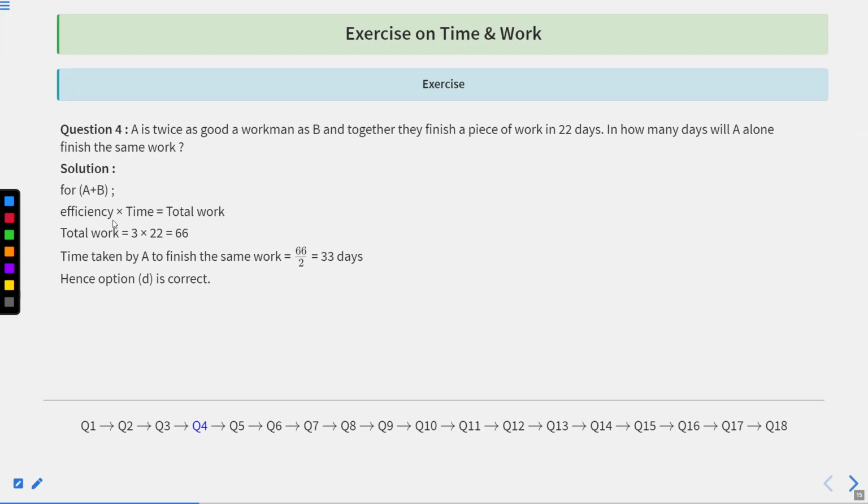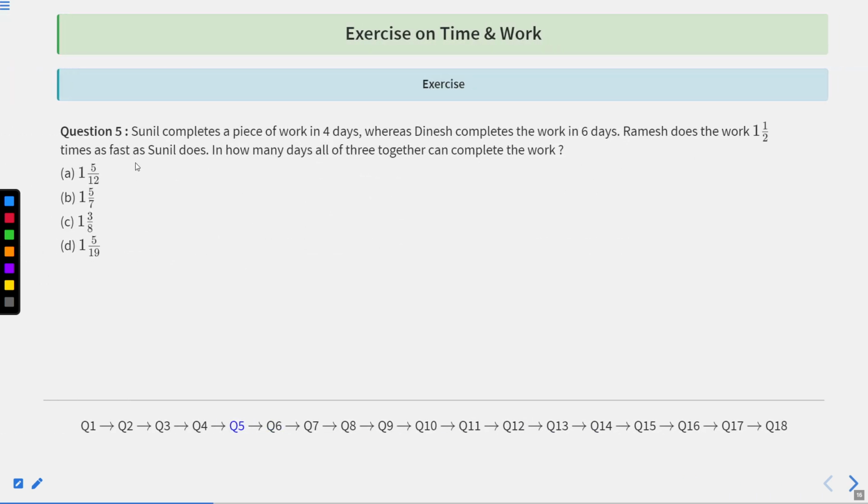So for A plus B, efficiency into time is equal to total work. Therefore, the total work will be thrice of 22, that is 66 units. So the total time taken by A to finish the same work will be 66, that is total work, upon the efficiency, that is 2. So it will be 33 days. So the option correct here is option D.